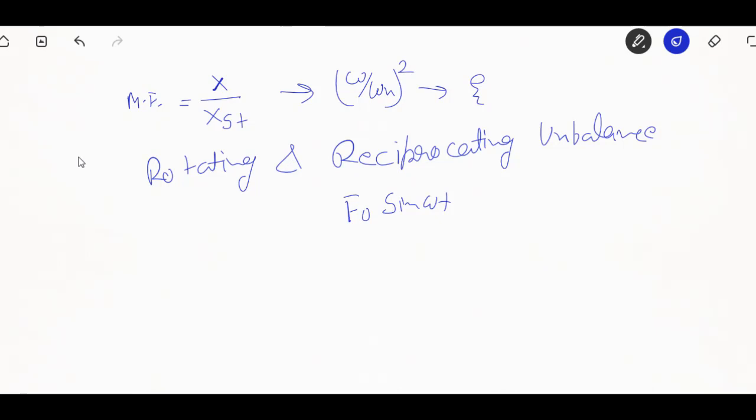Now if we try to plot a diagram for the discussion, we can say that this is our rotary element, and this is the reference axis, let us say. And there is that rotating unbalance, which I said earlier is, let's say, m naught, at a distance e. Now what centrifugal force does it impose on the system?